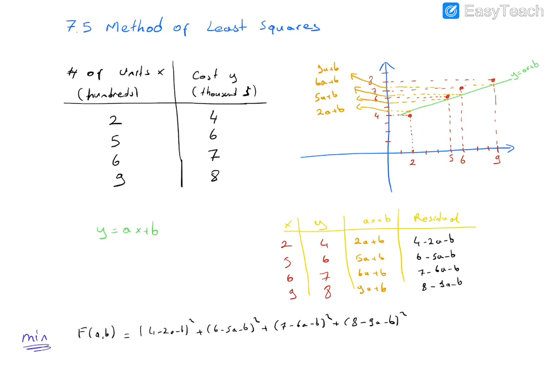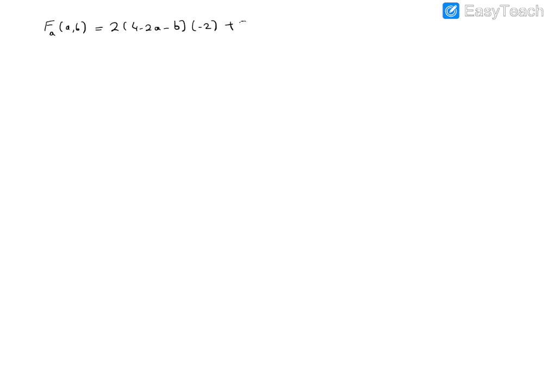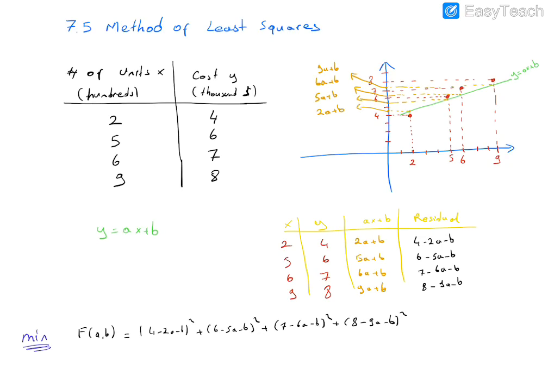Plus 2 times (6 − 5a − b) times the derivative of −5a with respect to a, which is −5, and it continues this way.